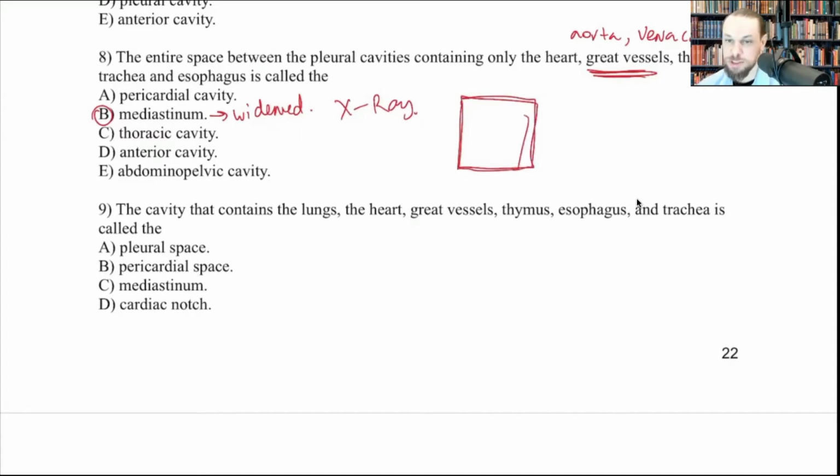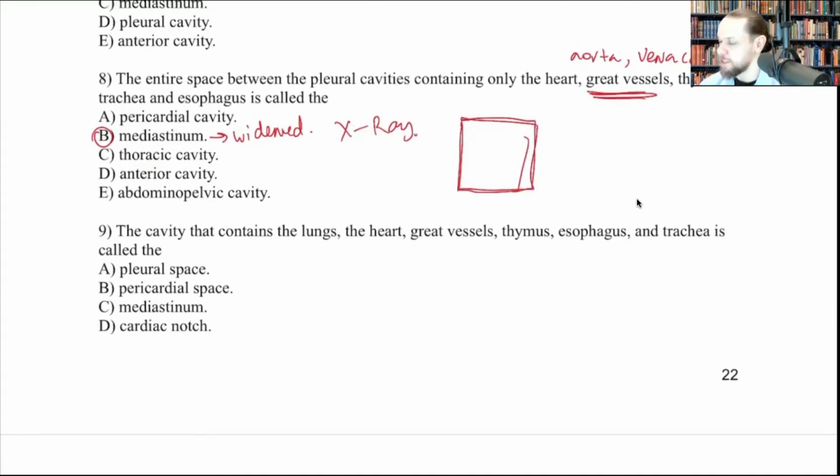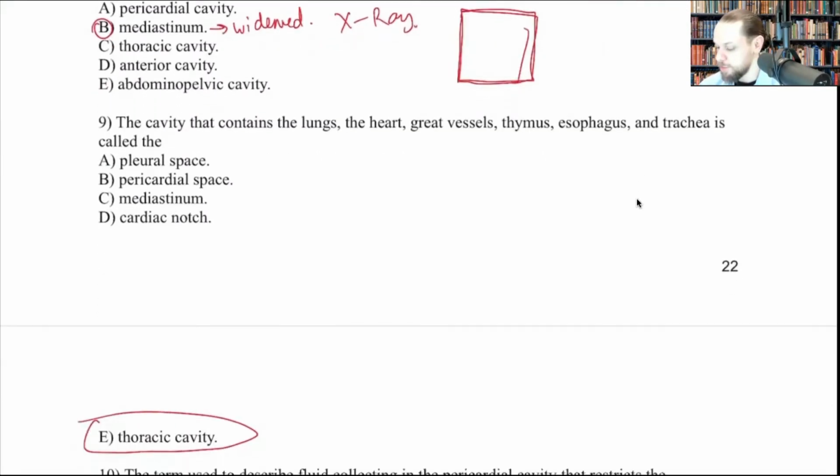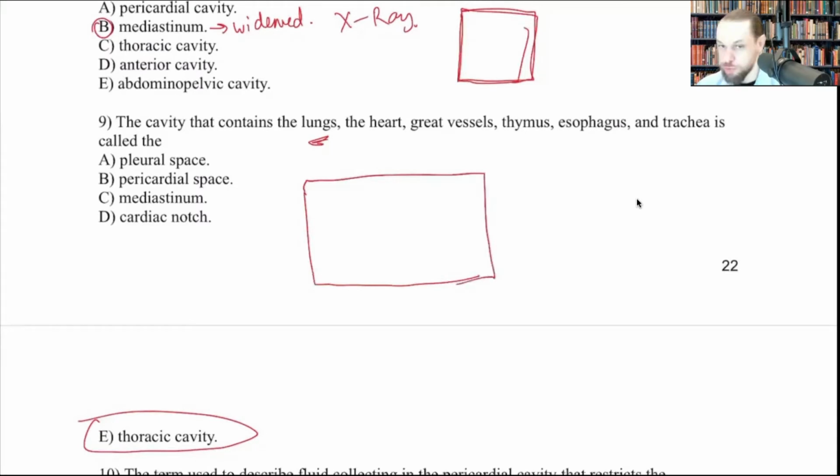Sometimes they call it the chest box when they're talking about surgery. When you talk about the thoracic cavity, it includes the lungs, so it's more expanded and you have more structures there. The thoracic cavity is all the stuff there: lungs, great vessels, the heart, the esophagus, all that.